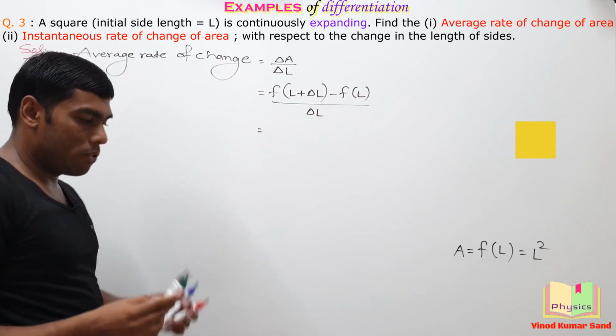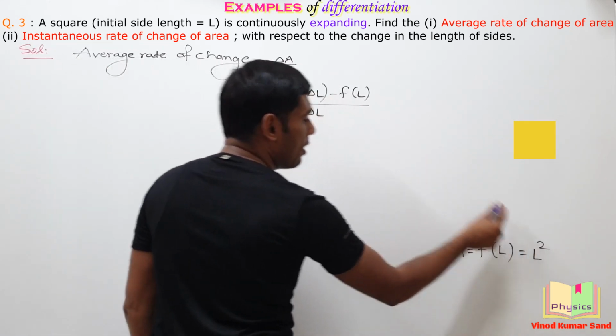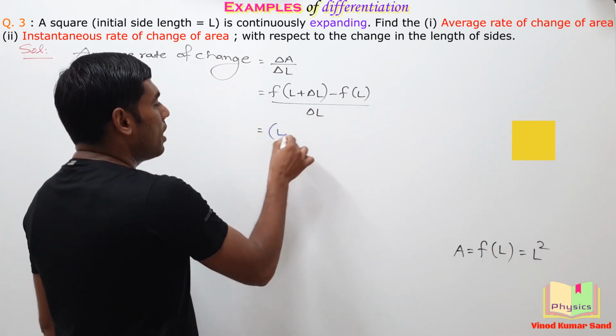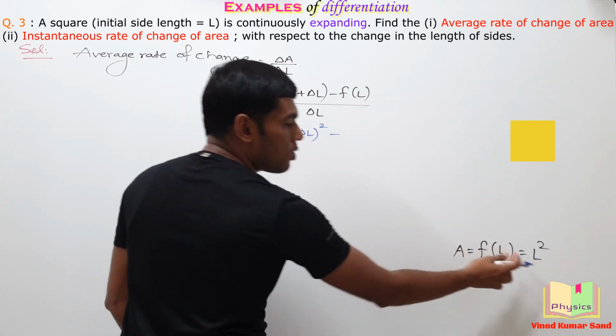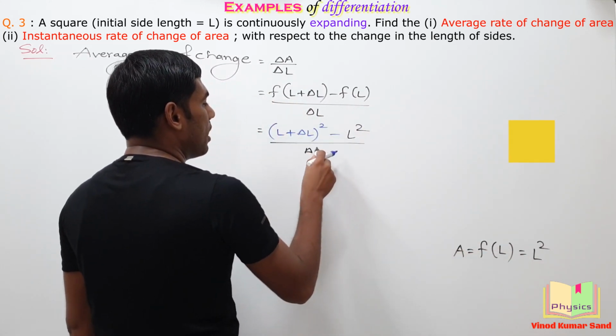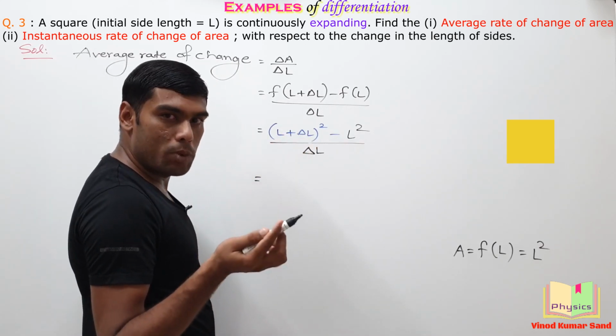We know how to simplify this. In the given function, at the place of L, you have to substitute L plus del L. So it will become (L plus del L) whole square minus f(L), which is already available as L square, divided by del L. This square can be solved using the formula (a plus b) whole square.